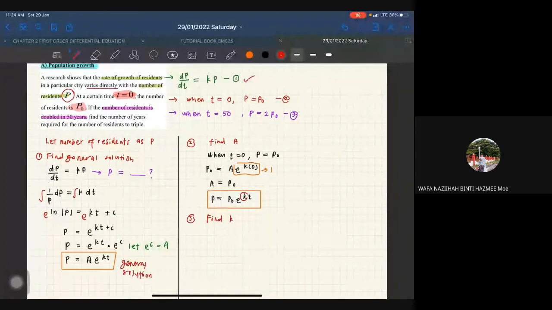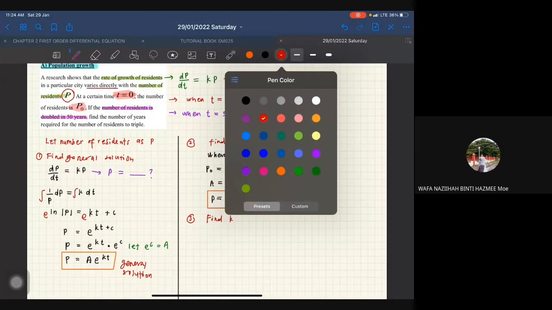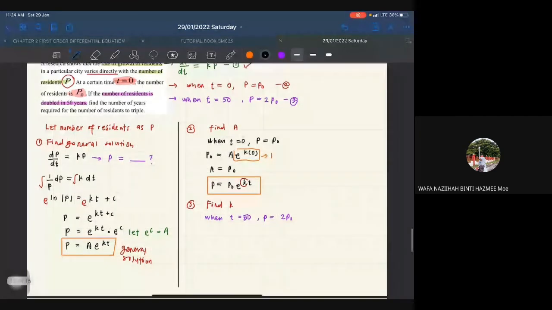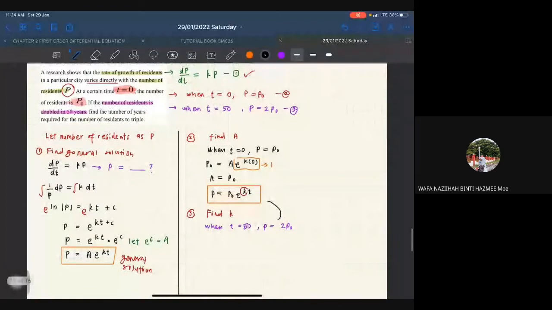Okay, so macam mana kita nak cari? Kita boleh guna information yang terakhir, the third one. Okay, so that one is when T is equal to 50, P is equal to 2 P naught. Okay, so substitutekan nilai P and also T awak into this one.